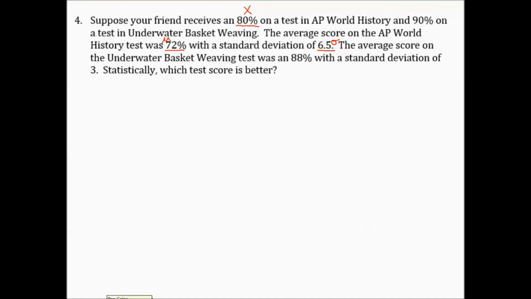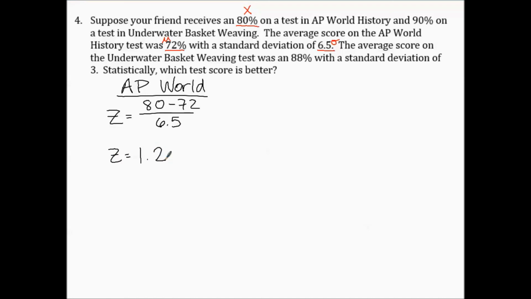Let's calculate the z-score for the AP World History test. So the z-score is going to be (80 minus 72) over 6.5. And if you put that in your calculator, you get that the z-score is 1.23.